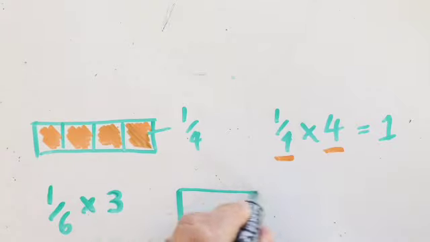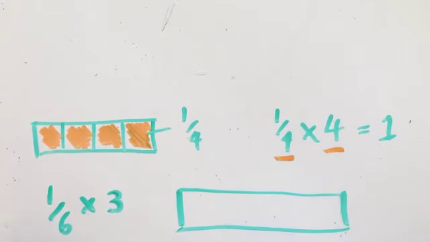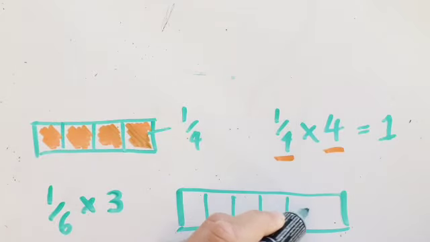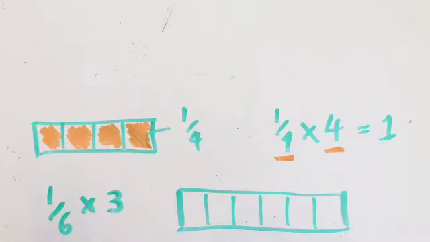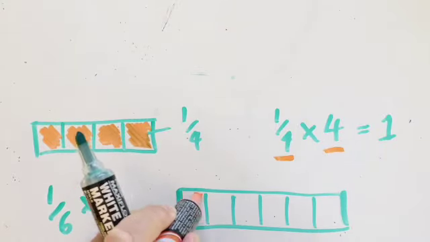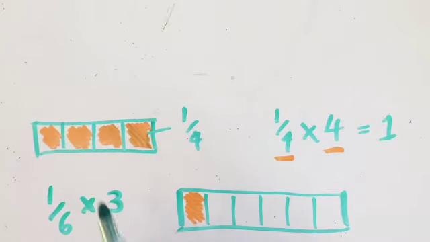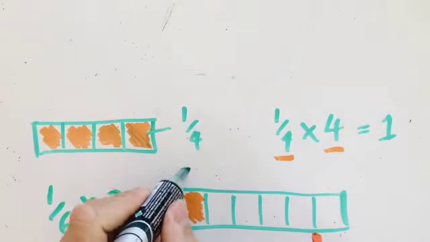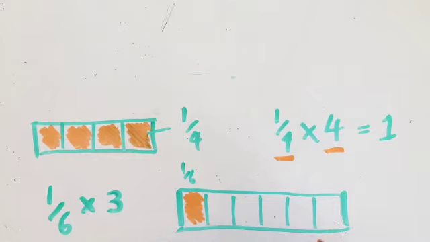I've got a whole, and I'm going to split it up into 6 equal parts. So I have to draw 5 lines. 1, 2, 3, 4, 5. And now I know that this one here is 1/6. Yep. So that's 1/6. And I can go, well, I want 3 lots of 1/6.